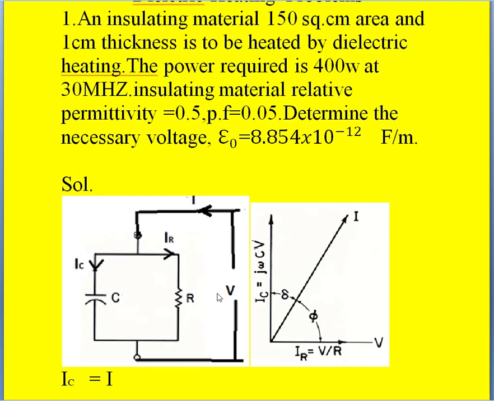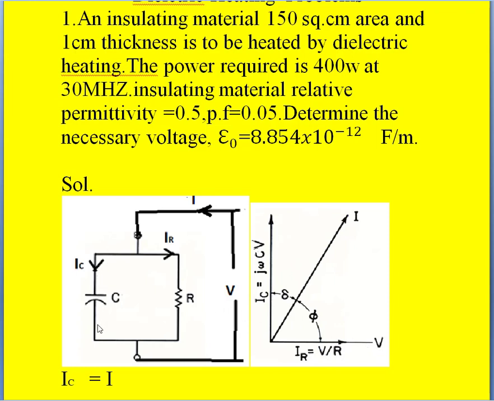And when we draw the vector diagram for this equivalent circuit, we get like this. This is the applied voltage, and this is the current that is flowing through the resistor, that is applied voltage divided by resistor R, that is IR. This is in phase with the applied voltage V. And there is a current flowing through the capacitor.